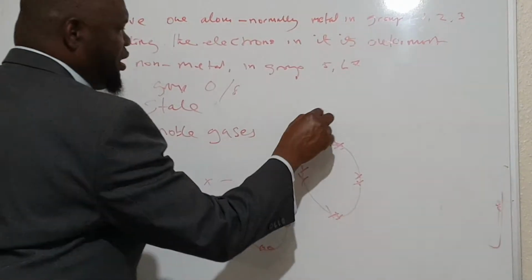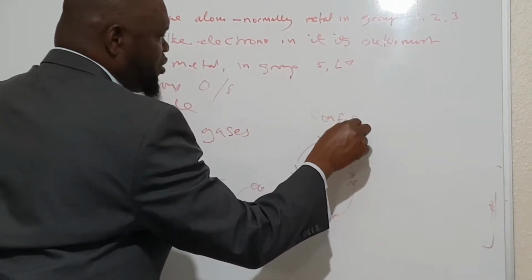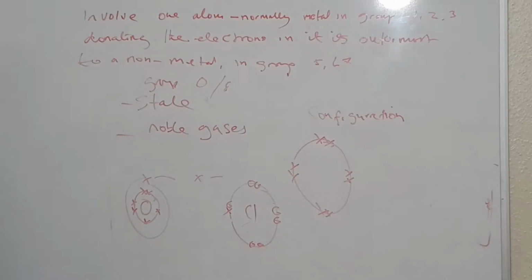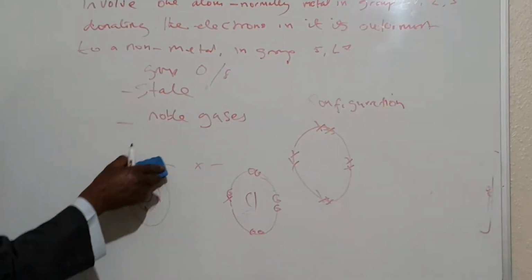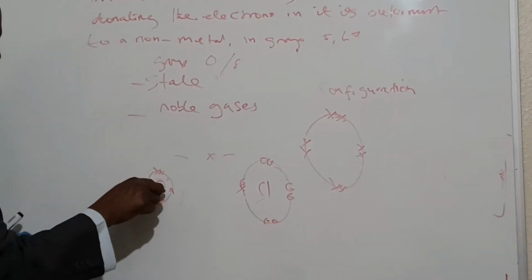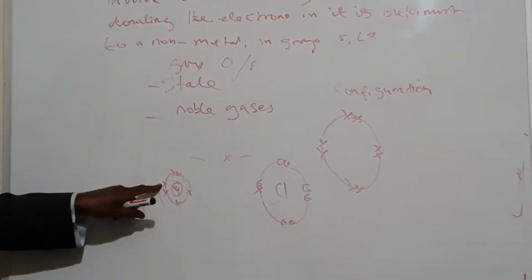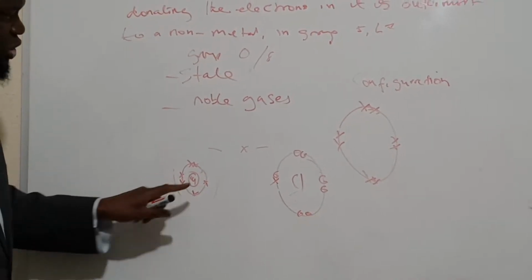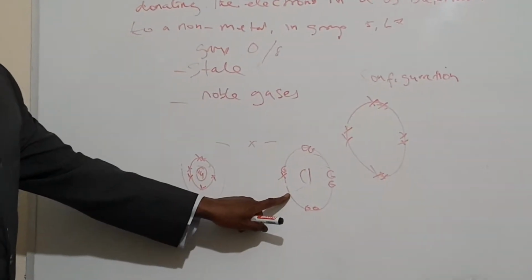Remember the word noble gas configuration. So there is 0 in the outermost cell for sodium now. Sodium has attained noble gas configuration, and chlorine has attained noble gas configuration.